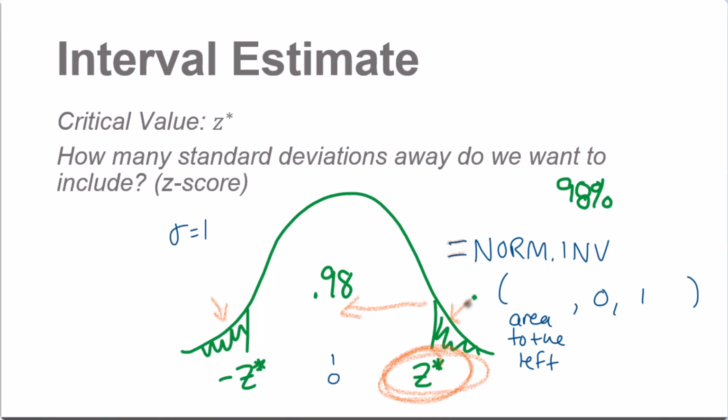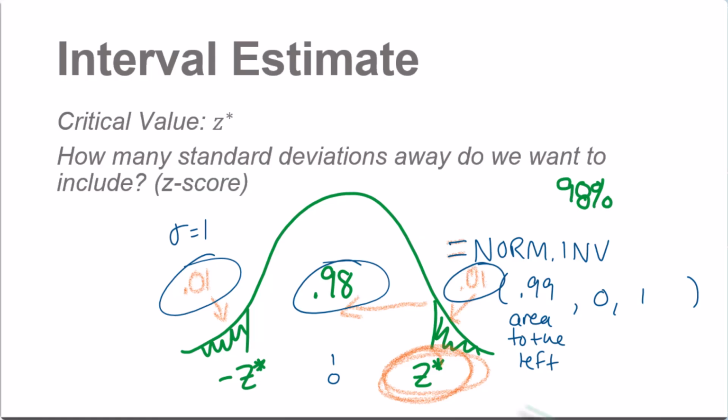And we have to chop off, in this case, 2% area in these two tails. This leaves an area of 1% or 0.01 in each one of these tails, remembering that the entire area has to be 1. So the area to the left here is going to be 0.99, which is either the 0.98 plus the lower tail area, or 1 minus the upper tail area, the 1 minus the area to the right. So this is going to calculate the z-score that I want.